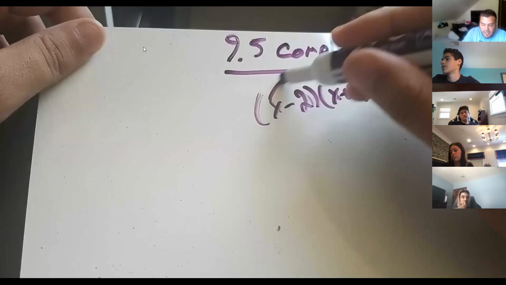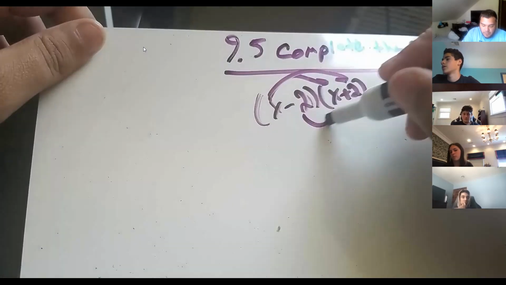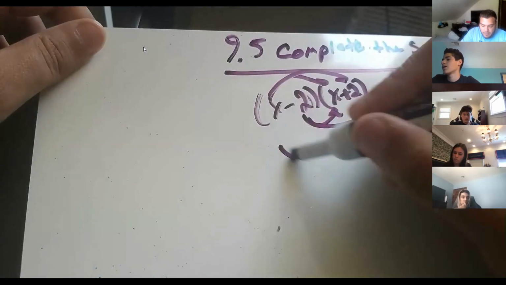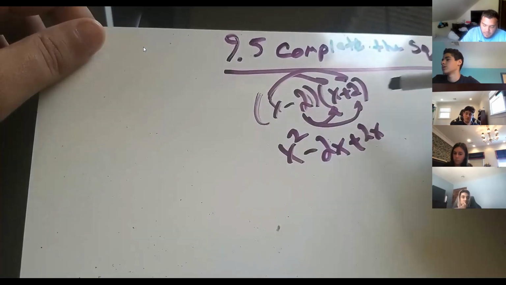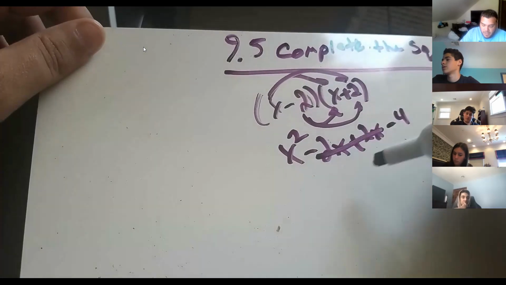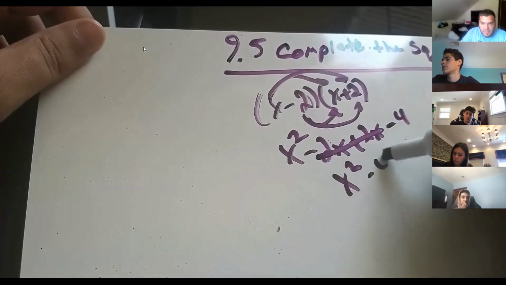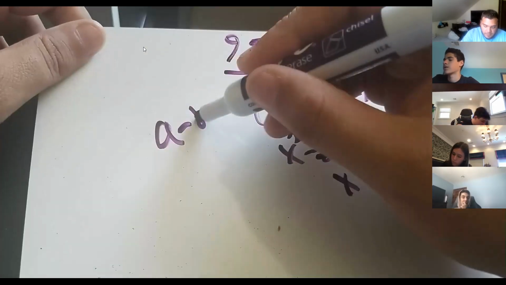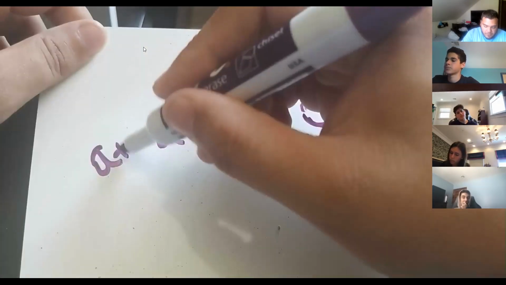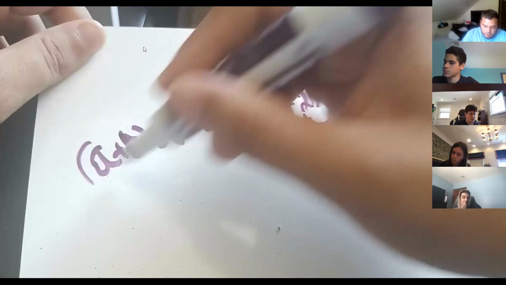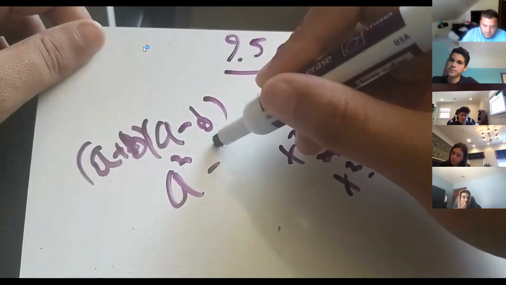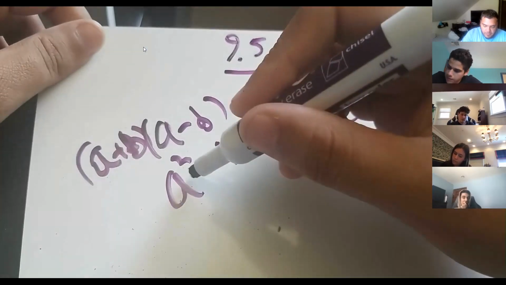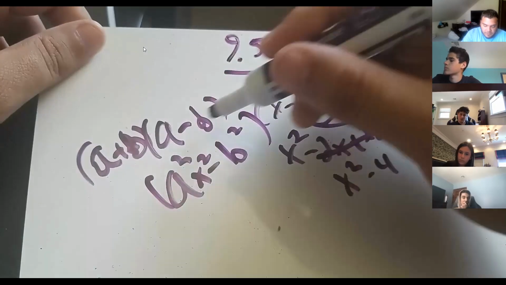If you were to FOIL it out, it will always be x squared minus 2x plus 2x minus 4. Cross these out, x squared minus 4. And that special case, remember, is a minus b, a plus b. When you multiply these things, it will become a squared minus b squared. I might have written it as ax squared minus b squared, but basically the same thing.